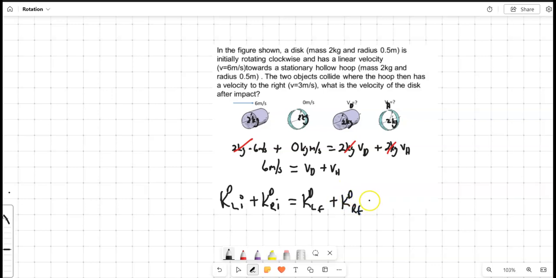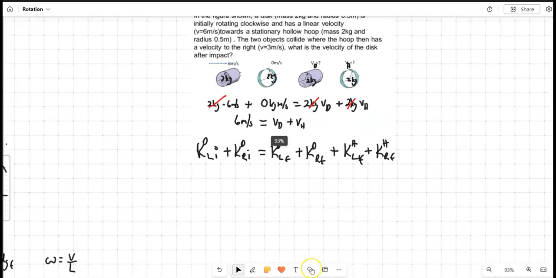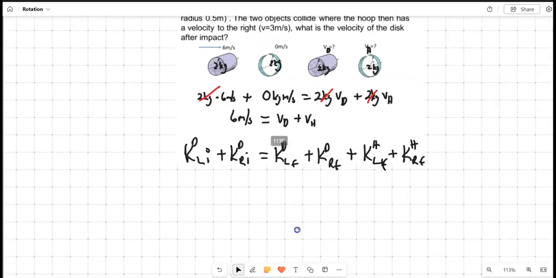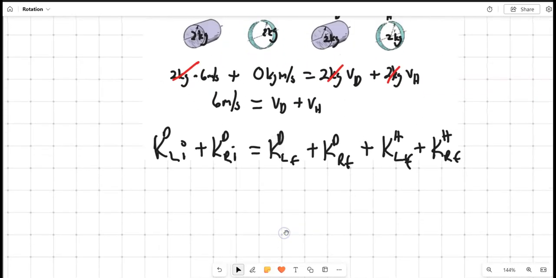But the hoop is also going to be moving, so it's going to have a linear kinetic energy in the end, plus a rotational kinetic energy in the end. This should be final. So it's kind of a big equation, okay? But it kind of works out. I try to keep it simple.